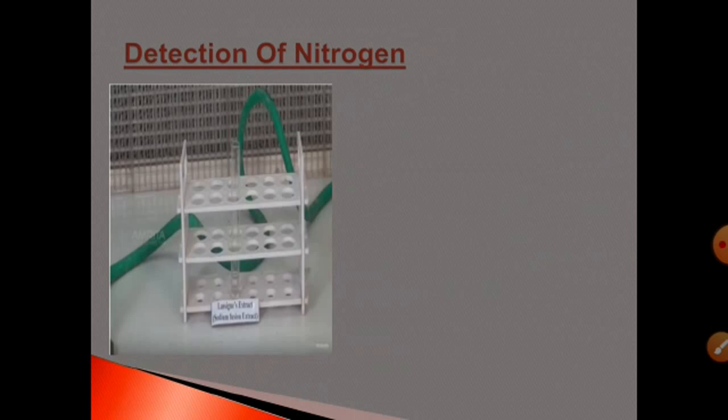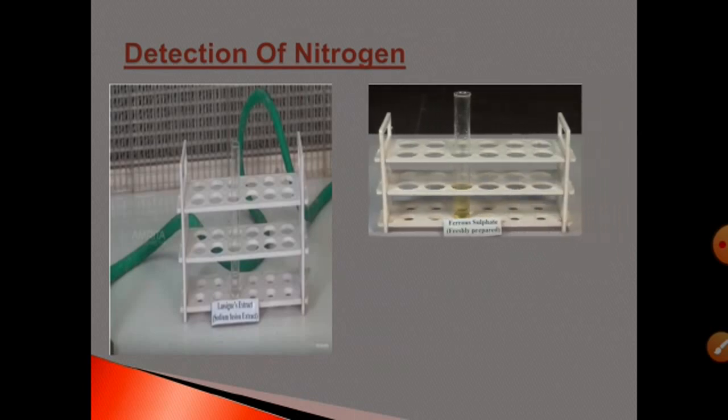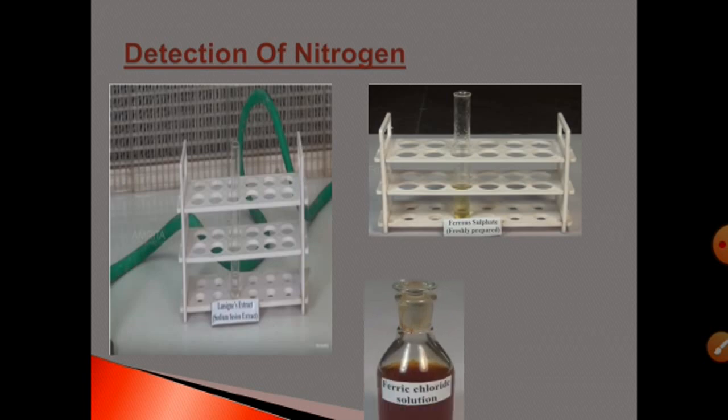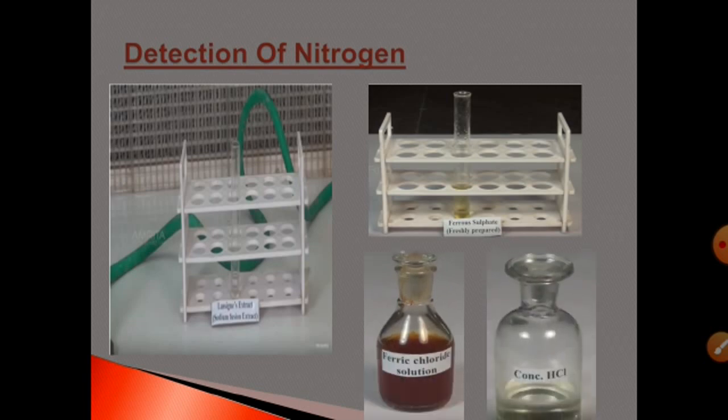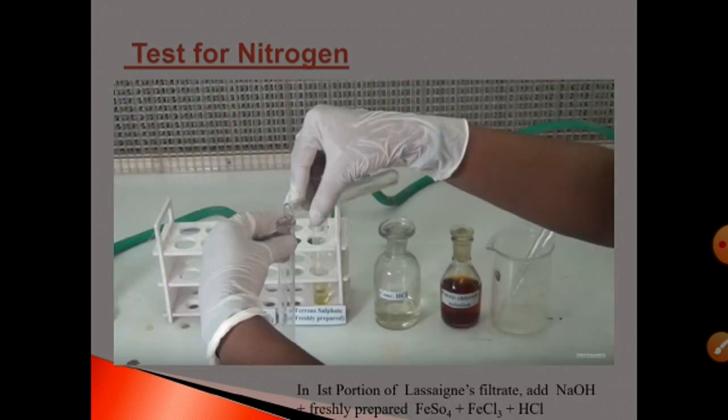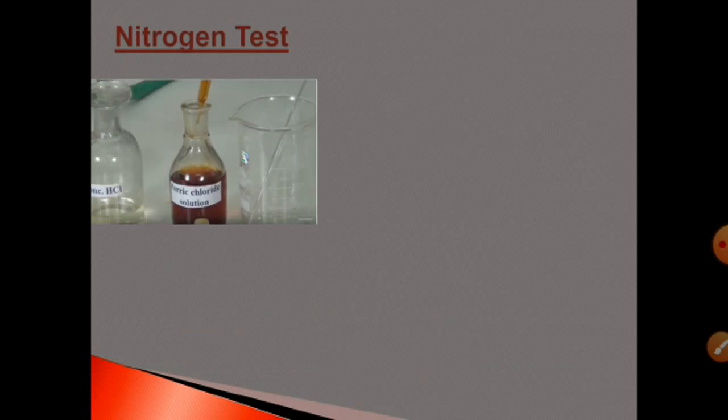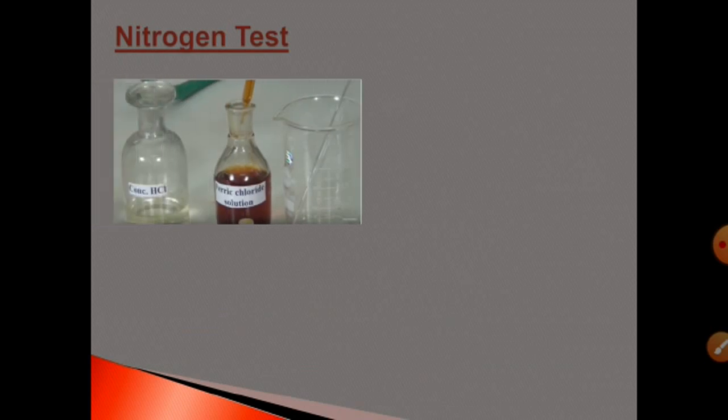The chemicals required for the detection of nitrogen are Lassaigne's extract, freshly prepared ferrous sulfate solution, ferric chloride, and concentrated HCl. Take 1 portion of Lassaigne's filtrate and add a few drops of NaOH.